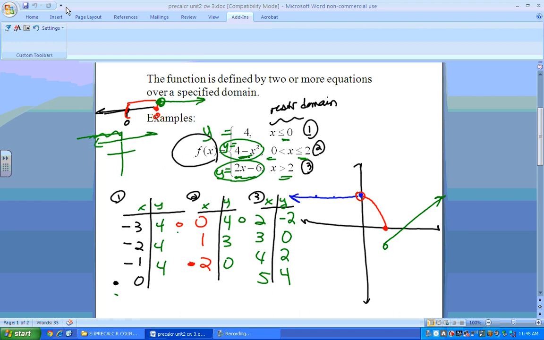I think the easiest way to do this is with your 3 tables. Set your domain up, and then work each individual piece. It's very hard to visualize this without your tables. Questions on this? No? All right. Let's try another one.